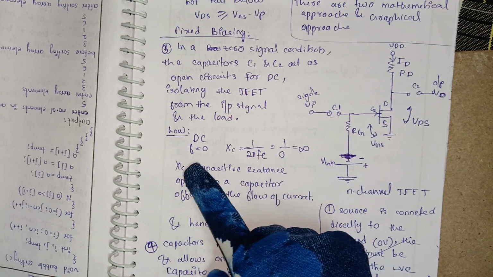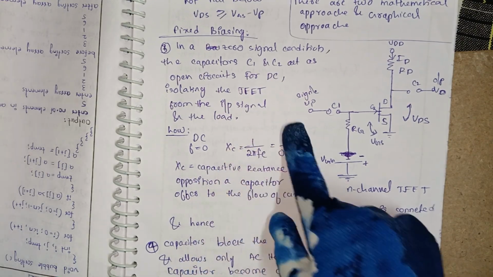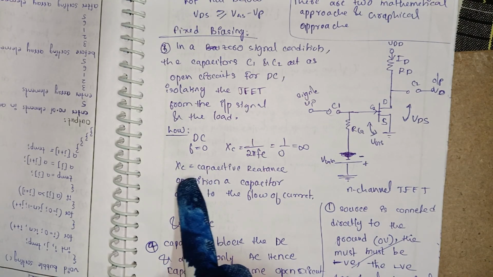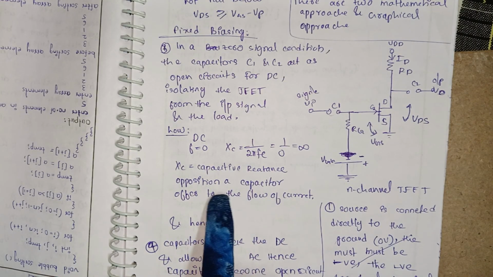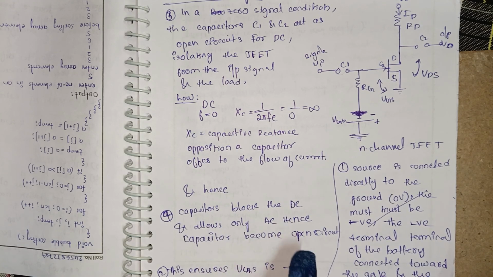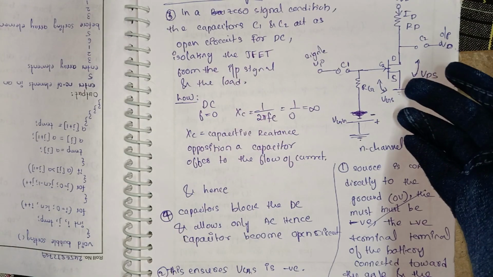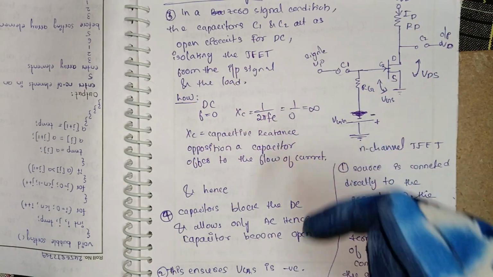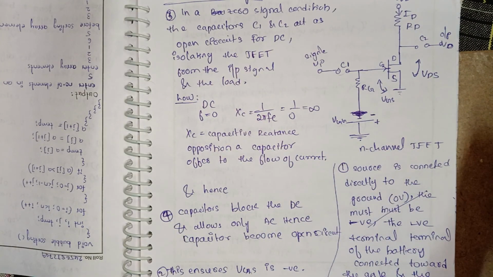Substituting F as 0, we get infinity. Capacitive reactance is the opposition a capacitor offers to the flow of current. Since the current is DC, the capacitor blocks DC and allows only AC, hence the capacitor becomes an open circuit. That's why we see this diagram in case of DC analysis.